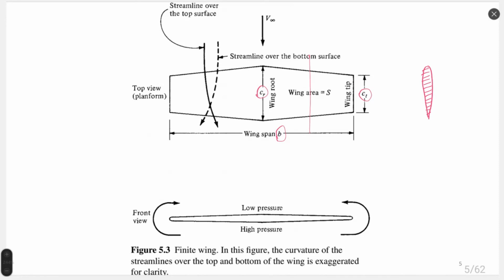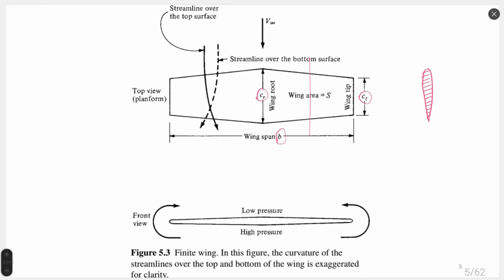Flow around the wing tip is called a trailing vortex, presented in the lower figure, at the bottom of figure 3. And it appears due to non-equilibrium pressure on the lower and upper sides of the wing.